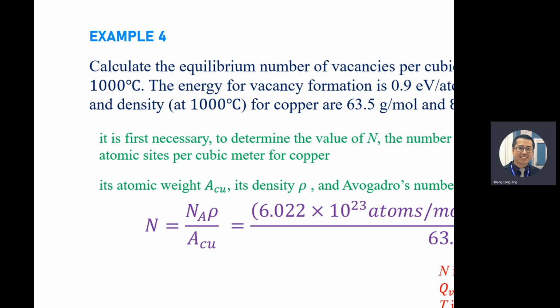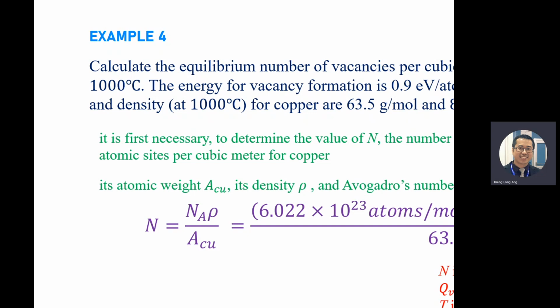Then the atomic weight, normally from the periodic table, but this question gives it to you for your convenience. So, 63.5. This one is a conversion from cm to meter. Understand? It means you change cm cube to meter cube.